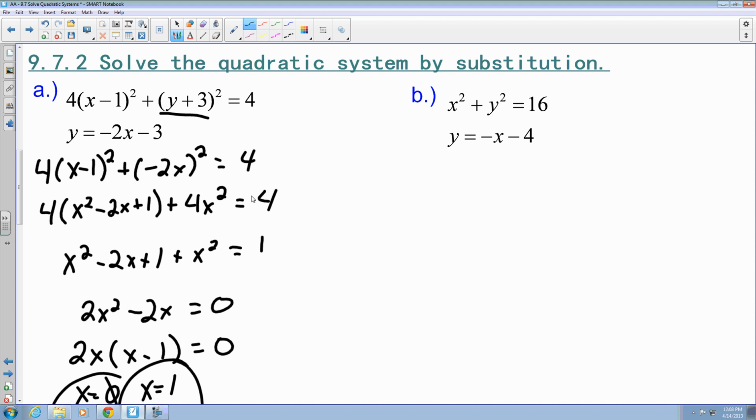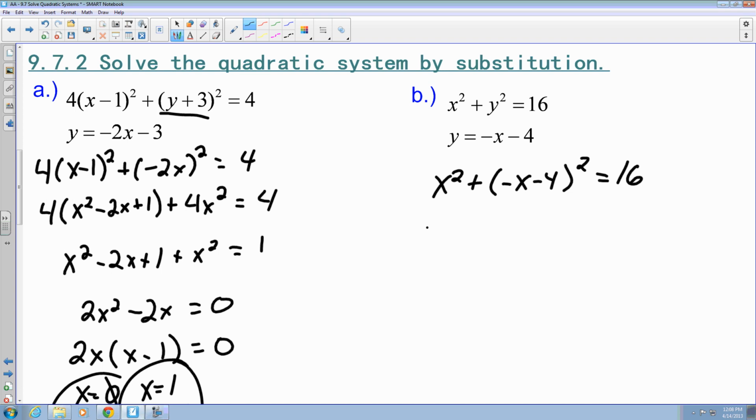So this is a circle and a line. I'm going to take y squared and plug it into here. So it's going to be x squared plus negative x minus 4 quantity squared equals 16.